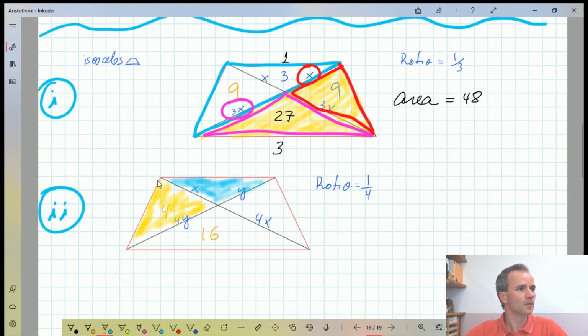If this triangle has base 4, the blue one has base y, and the height, no need to draw the height, okay, please, no need. But the height is the same for both of them. So because this triangle has a base 4 times bigger than this one, that triangle is going to have an area 4 times smaller. Base 4 times smaller, the area 4 times smaller.